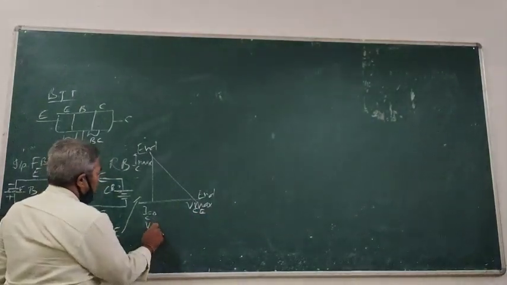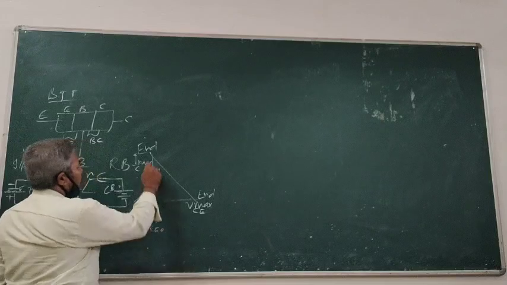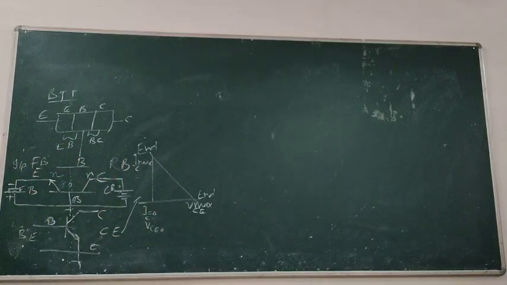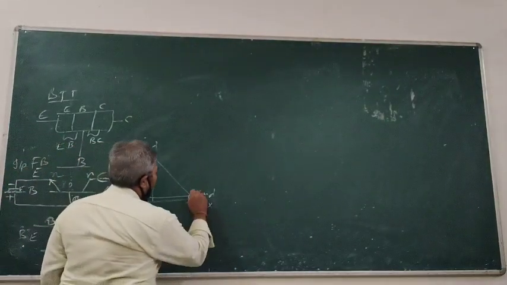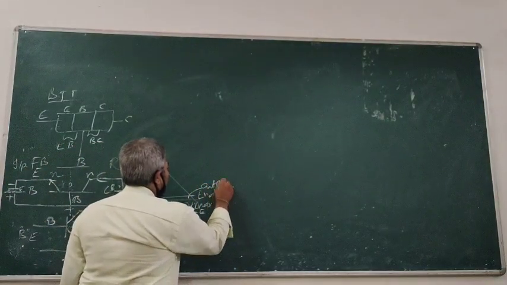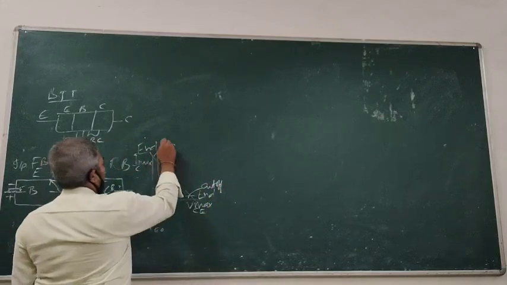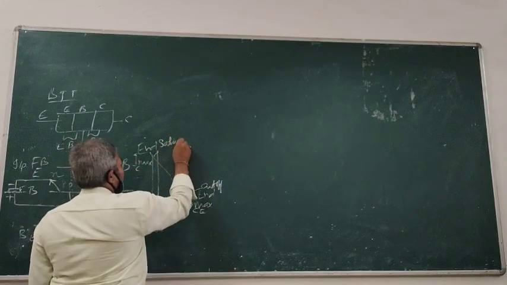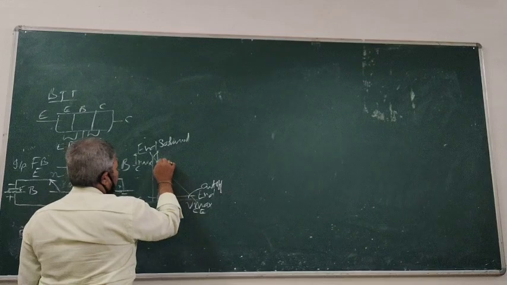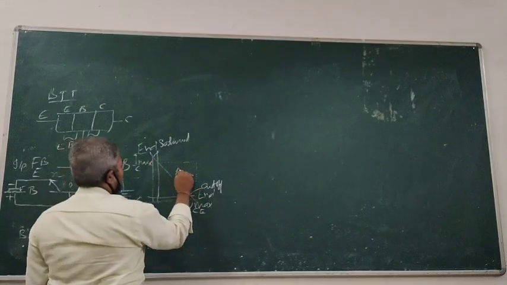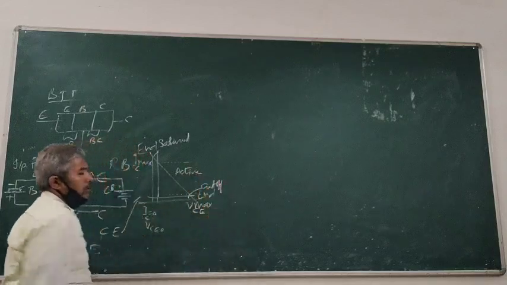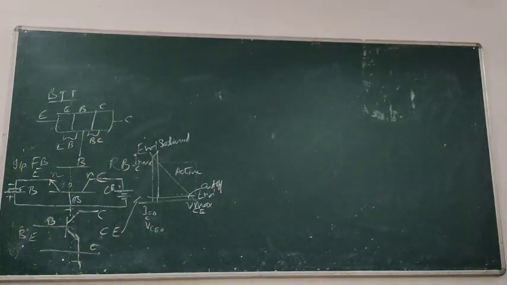When VCE is equal to 0, then IC is maximum. Clear? Then you get the two end points. This is called the cutoff region, this is called the saturation region, and between these it is called the active region.